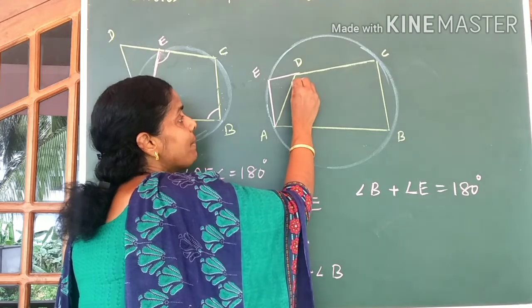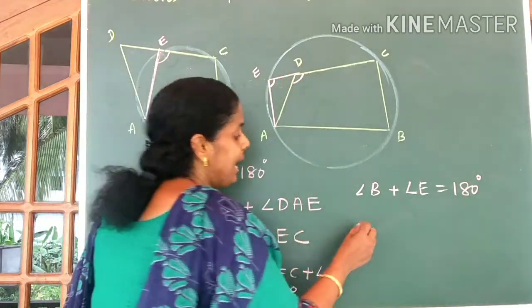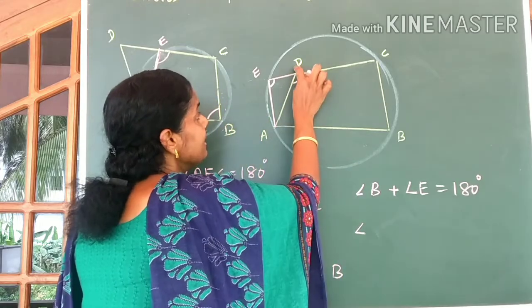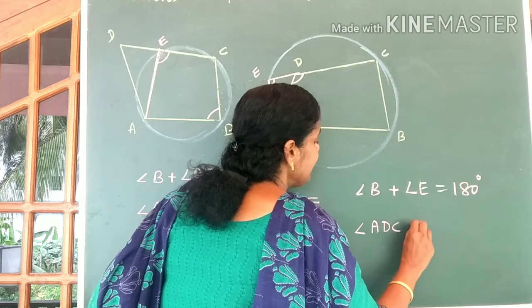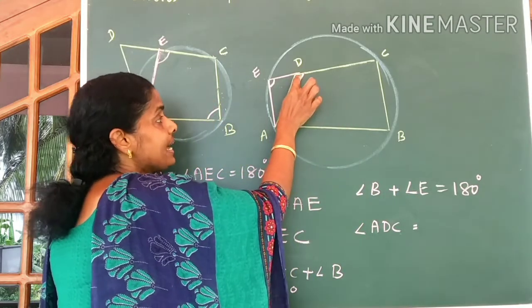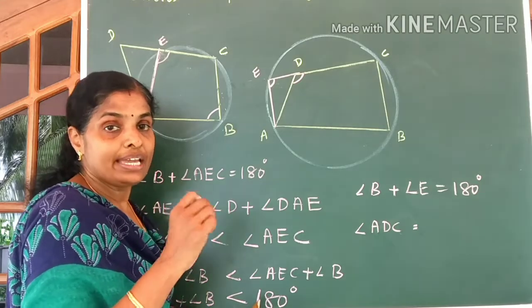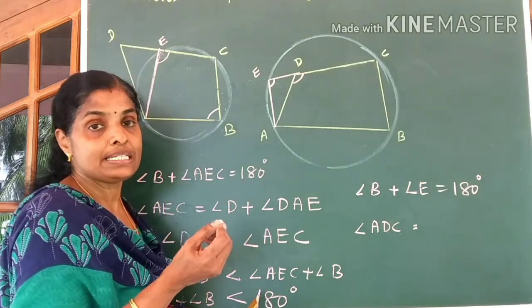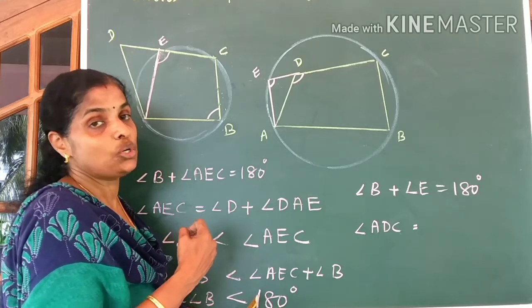Now let us compare this angle and this angle. You know, angle ADC is the exterior angle of this triangle. So, exterior angle equals sum of interior angles at the other two vertices.